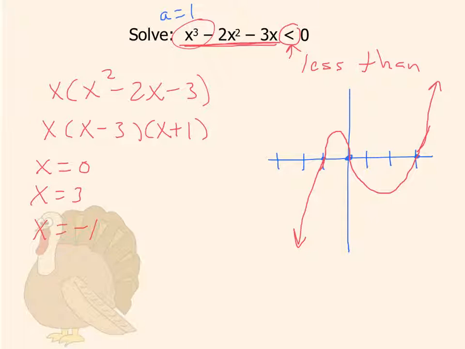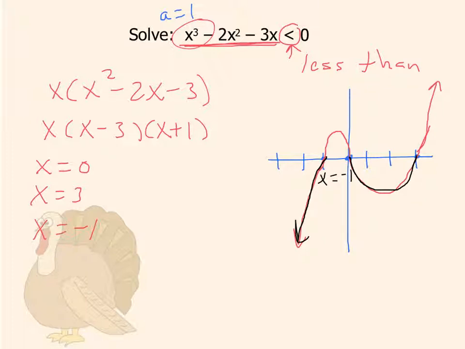What I am interested in is that I can see this part of the graph is less than 0, and so is that part of the graph. I want to express those components of the graph as inequalities because those x values represent my solutions. Right here was the x-intercept, x equals negative 1.